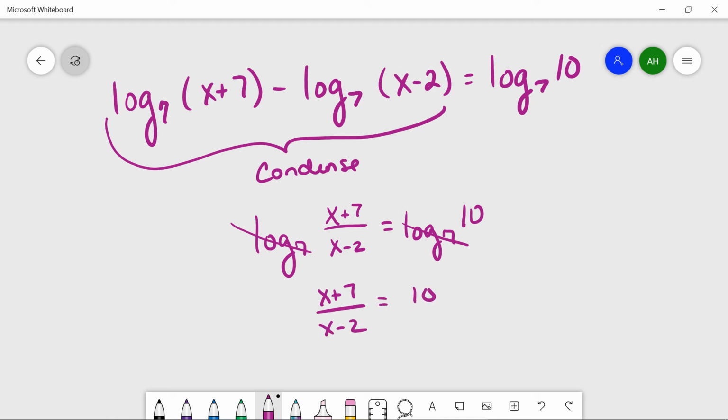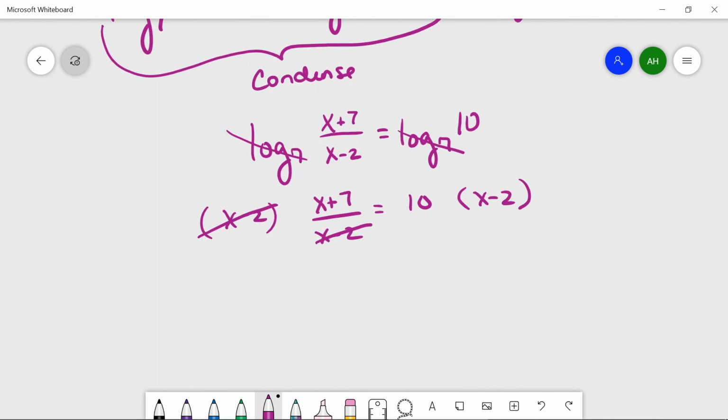Let's multiply both sides by x minus 2 so that we can get rid of the denominator. So I'm left with x plus 7 equals 10 times x minus 2. x plus 7 equals 10x minus 20.